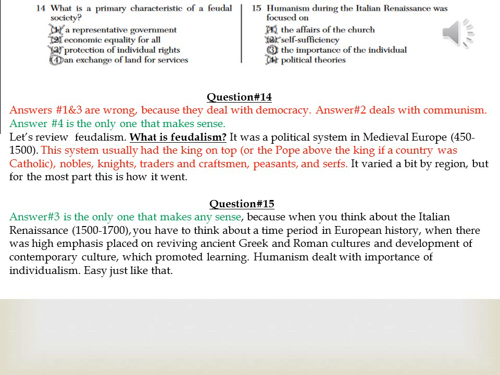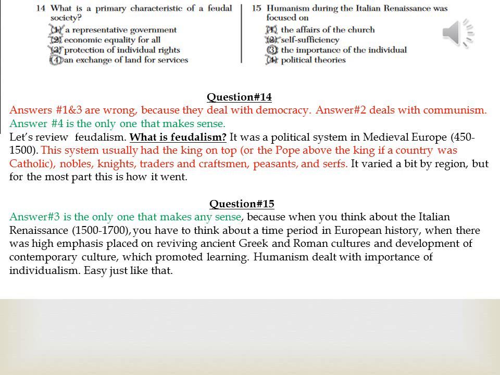Then nobles, knights, traders and craftsmen, and peasants and serfs on the very bottom. It varied a little by region, but for the most part, that's how it went. So, this is a very easy question, easy answer.